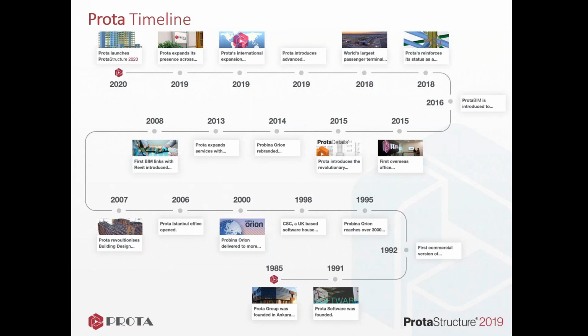And then in 2015, we again changed the technology and the platform, and we introduced the ProtaStructure platform or suite of products. And this has also evolved quickly over the last 5 years. We've been growing our user base rapidly throughout the world, and this is culminating in what you're going to see today with the ProtaStructure 2019 version.